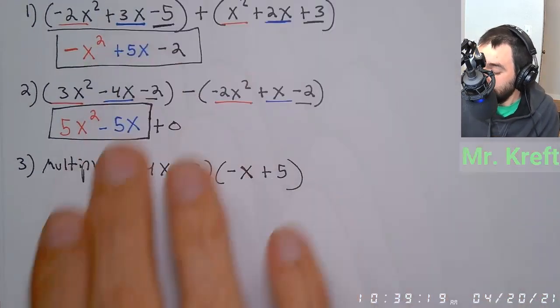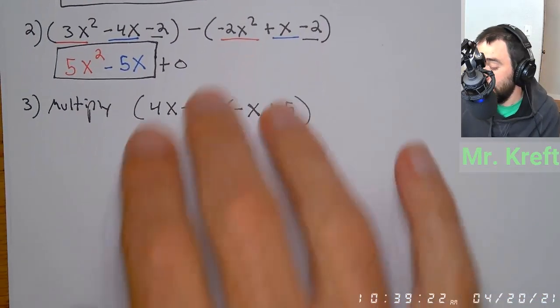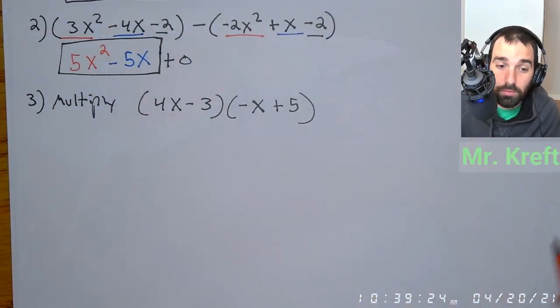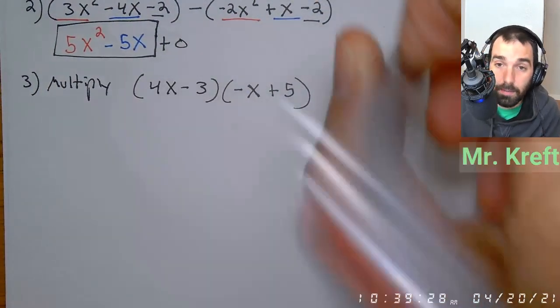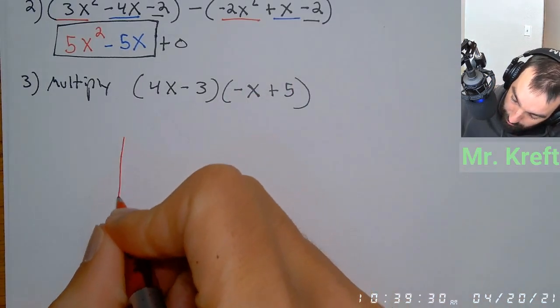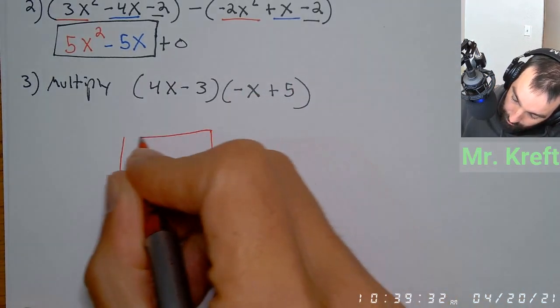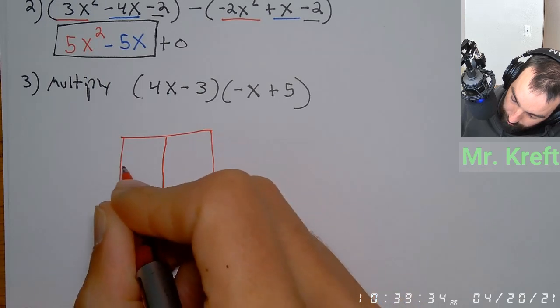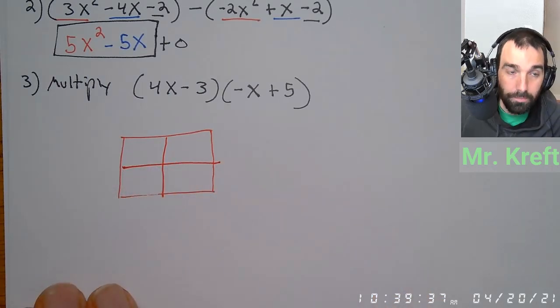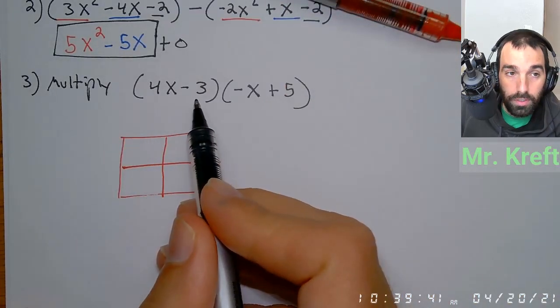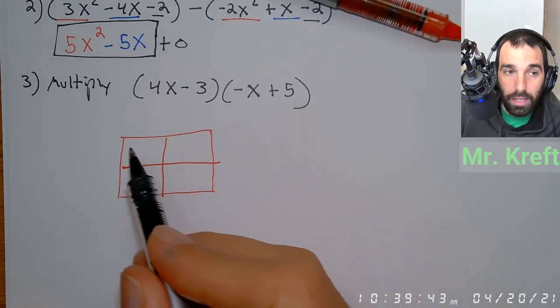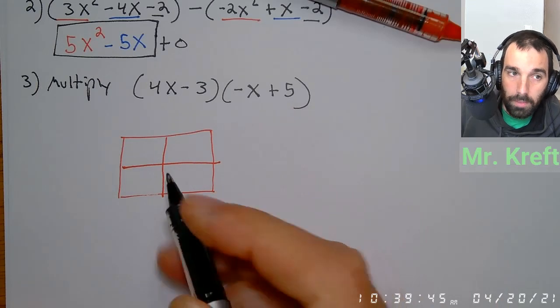All right, let's get into multiplying. When we multiply, there's a couple of different ways of doing it, and we didn't have a lot of time this year, so we only did one method. And that method was the box method, because it sets up what we're going to be doing today. Okay, so to use the box method, we have 2 terms here and 2 terms here, so we have a 2 by 2 box.